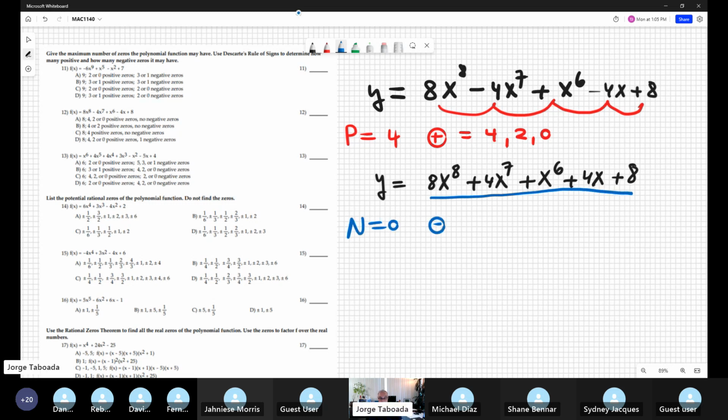The number of negative of this polynomial is 0. The conclusion is, to answer that question is not super complicated. The degree of the polynomial is 8, the number of positive is 4, 2, or 0, and the number of negative is none.